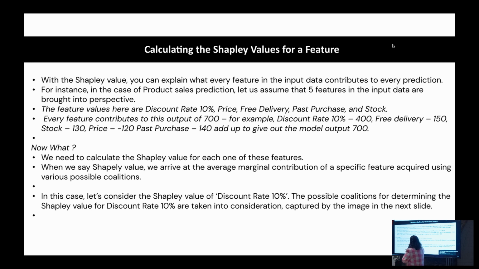So what exactly does this term mean? This means we arrive at the average marginal contribution of a specific feature acquired using the various possible coalitions, right? When I say the various possible coalitions, that means the different subsets of the features, right? When I say the marginal contribution, this would mean the distribution probability over the random variables, right?